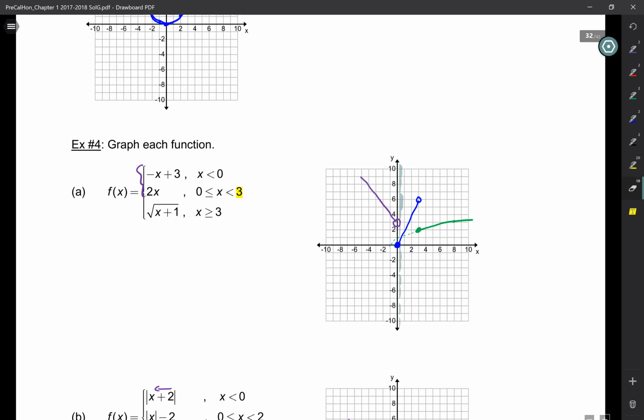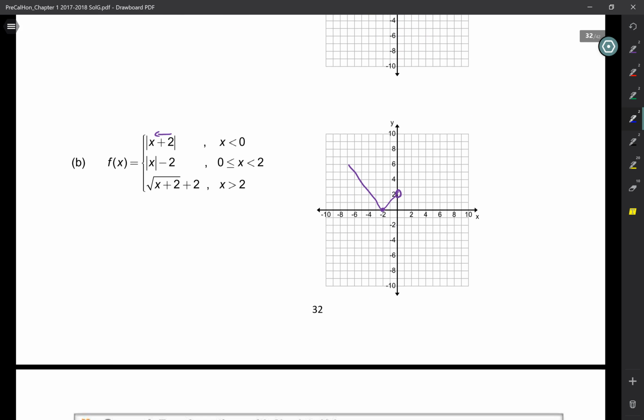But I'm not going to graph any of that because it doesn't fall into my domain, the interval. So for piecewise functions, you just have to take it as you go, and work with them as you go. You could use whatever is under your belt at this time.